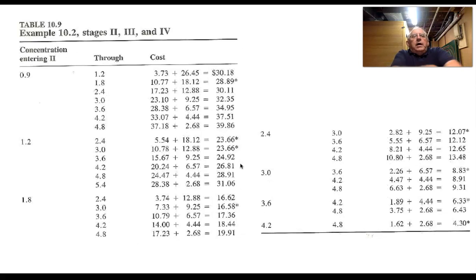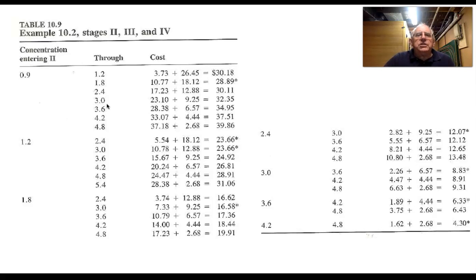And so this table then has us coming in with a concentration entering the second stage. Now the lowest one would be 0.9, assuming that the first stage brought it from 0.6 to 0.9. And 0.9 can go to 7 separate values.